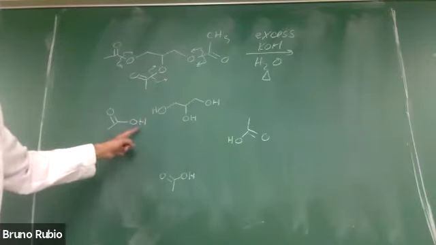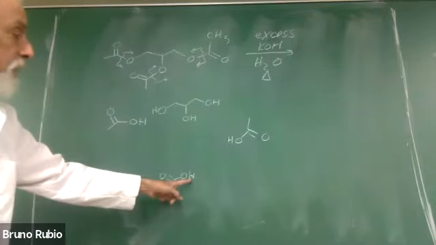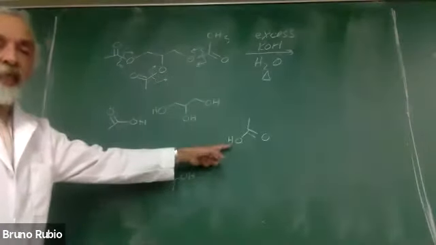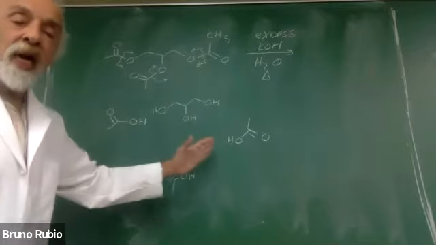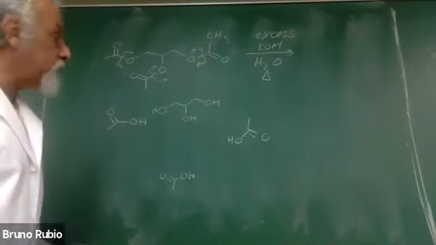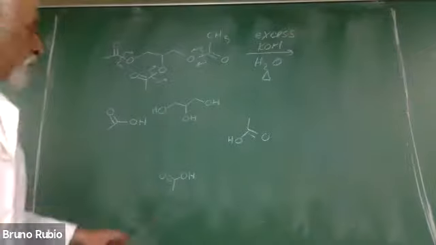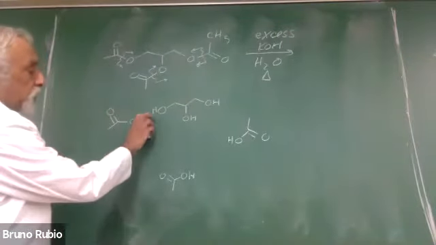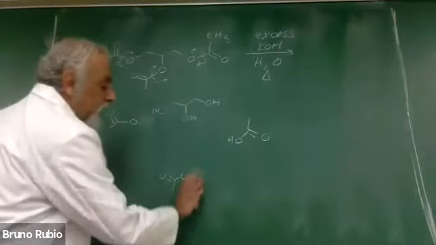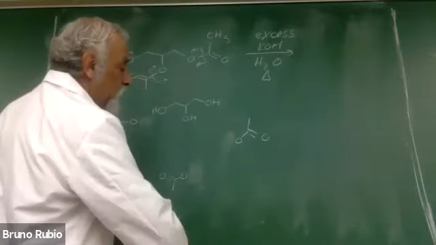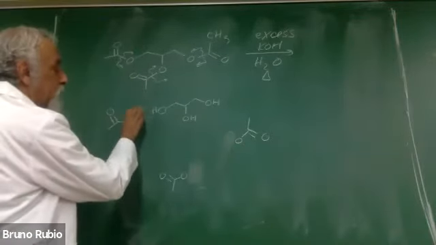That's a carboxylic acid. This proton is pretty acidic. That's a carboxylic acid. That's a carboxylic acid. So instead of carboxylic acids as the product, because we're under basic conditions, all of these guys have to be changed to carboxylates.